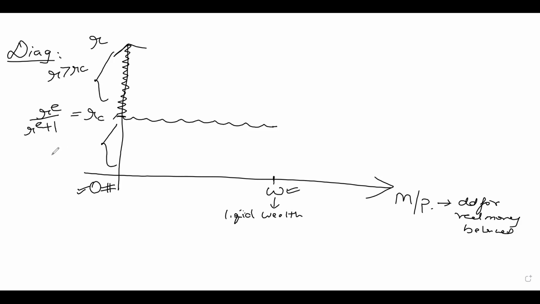And in this particular segment, when R is less than RC, you are only going to hold money. When R falls below the critical level, you are only going to hold money. Only money means your demand for real money balance is exactly equal to the wealth. So clearly you can see that this is our money demand function.